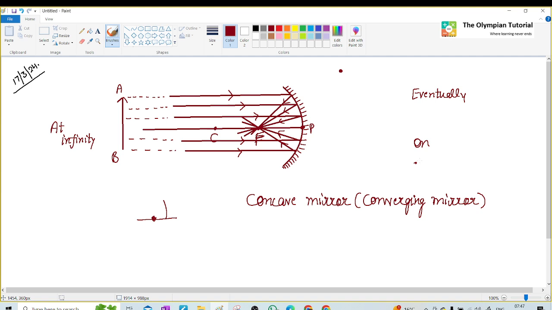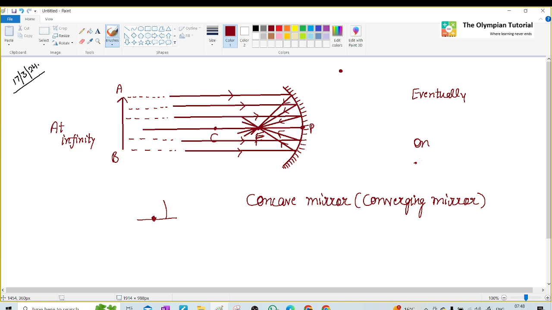The light from the sun is converged at a point as a sharp, bright spot by the mirror.